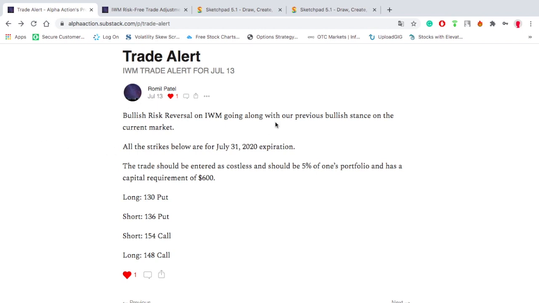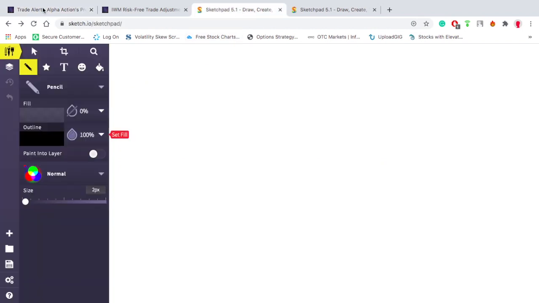I'm going to draw out the risk graph for this and go through the cost basis. So here are the strikes right here, and the expiration for all of them is July 31st. And here's what it's going to look like from a risk perspective. I'm going to draw a dashed line, and the dashed line is going to represent the zero.